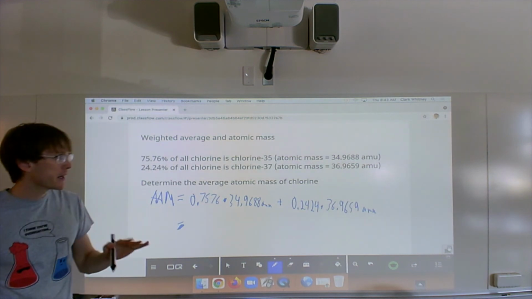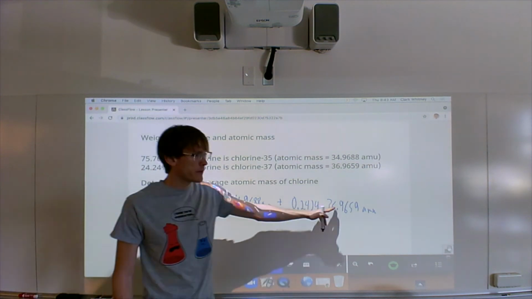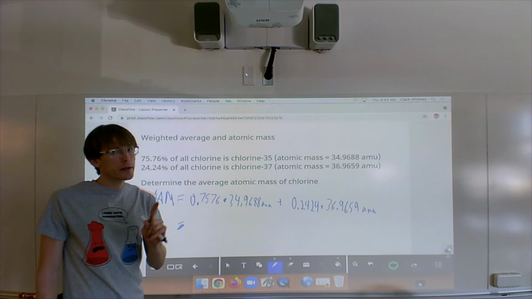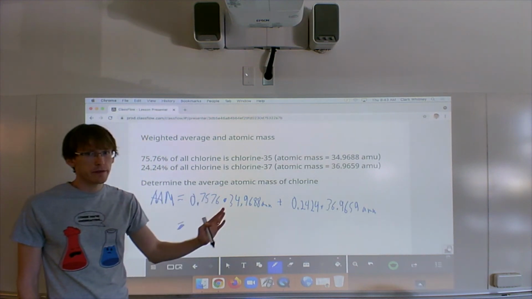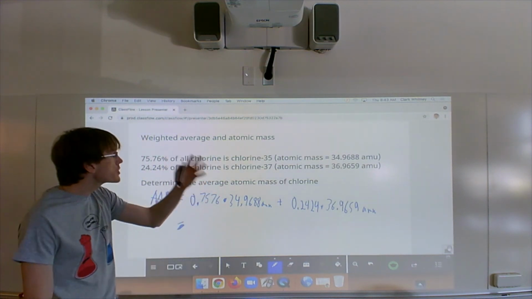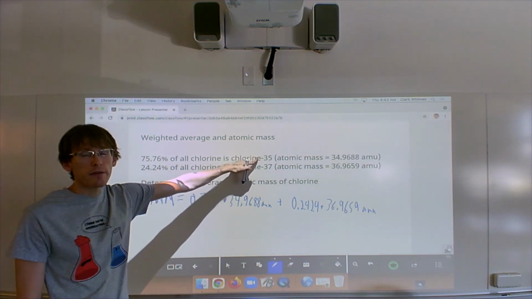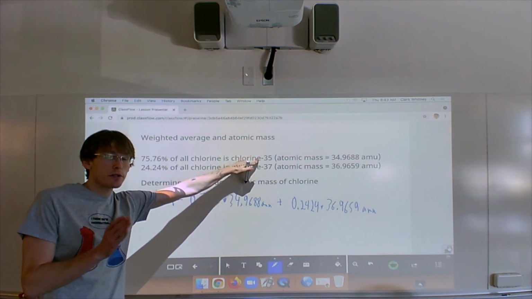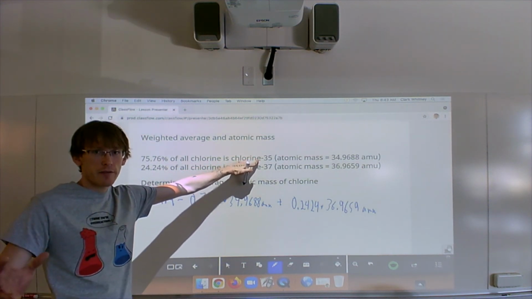And just looking at it, this is about 35, this is about 37. We're not going to meet at 36 because it's not a 50-50. If most of the chlorine is chlorine-35, we should be closer to 35 than we are to 37.